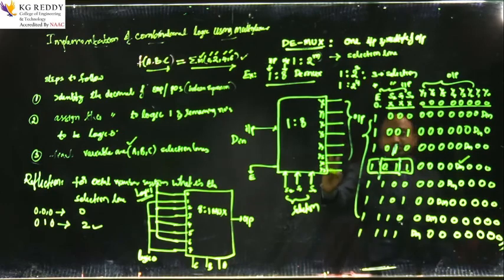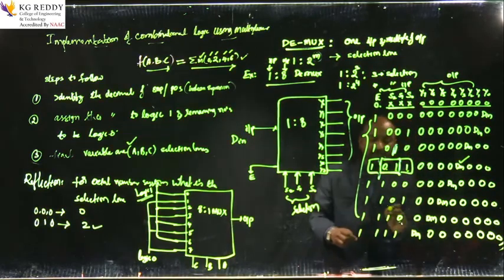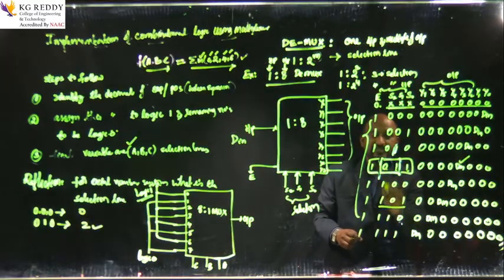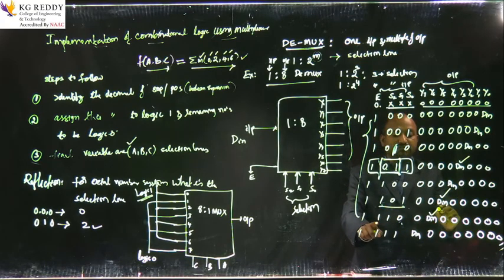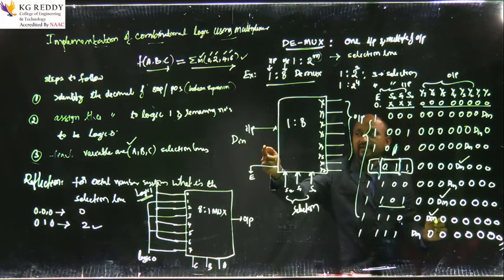Out of the 8 outputs, Y3 will be selected. If I select the selection line 1, 0, 1, which means 5, then Y5 will be selected. If I select 6 on the selection lines, Y6 will be selected. Y6 means the input data: whatever input data we have given will appear at the Y6 bit.